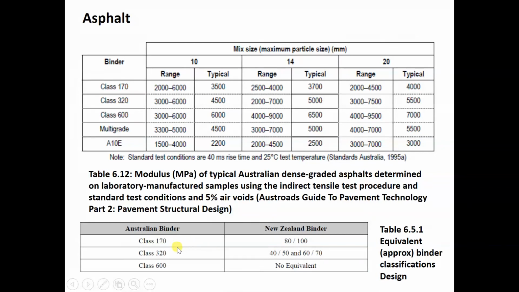These are the Australian binders, equivalent to the New Zealand binders. So you could choose any type of mix, the modulus, based on your design.